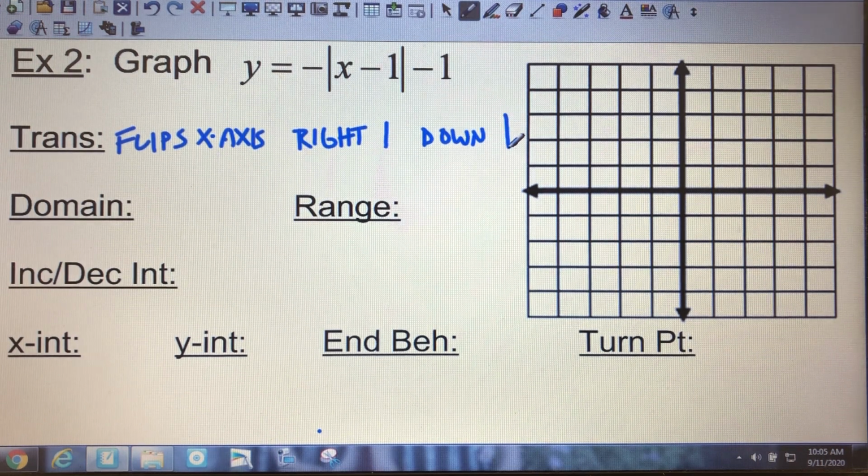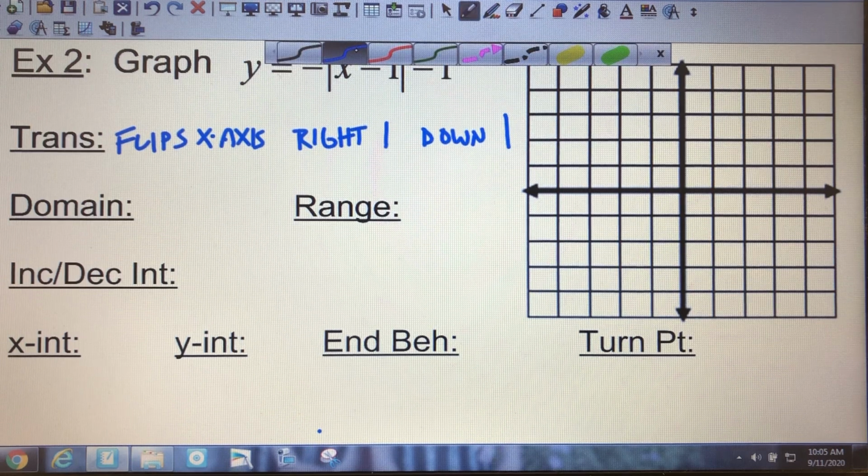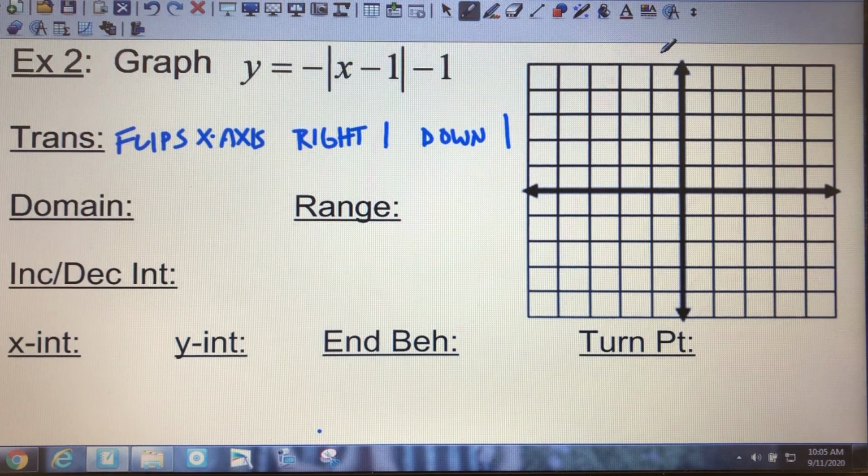Okay, so this is a basic one, and we know it's a basic one because of the number in front of that x. Since nothing's there, there's really a 1. Now we don't need that, but that's what we're kind of looking for in this unit. So that right 1 down 1, and then it flips. So this V forms like such.